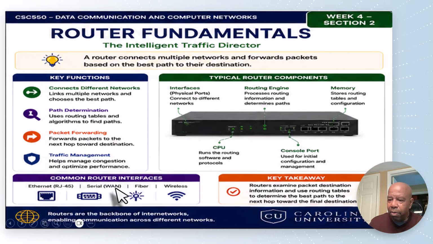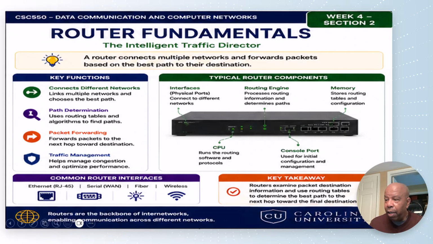Let's look at some common router interfaces: Ethernet, best known here as RJ45, Serial, WAN (wide area network), fiber, and wireless. Those are the mediums that the router actually connects to.